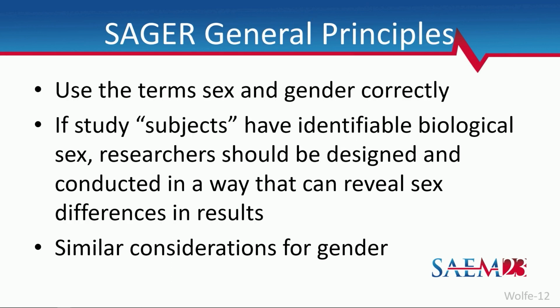So the SAGER guidelines essentially go very quickly through all the different parts of a paper, and they want first to make sure we're using terms correctly. What's biological sex? What is gender? There should be no use of the word gender in biological sex basic science research. If study subjects have identified biological sex, have the researchers designed and conducted it in a way to capture these differences.